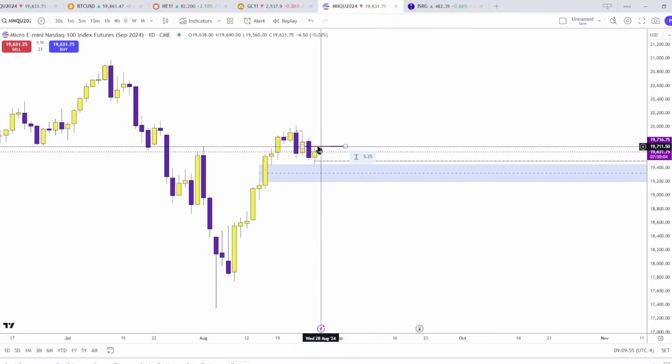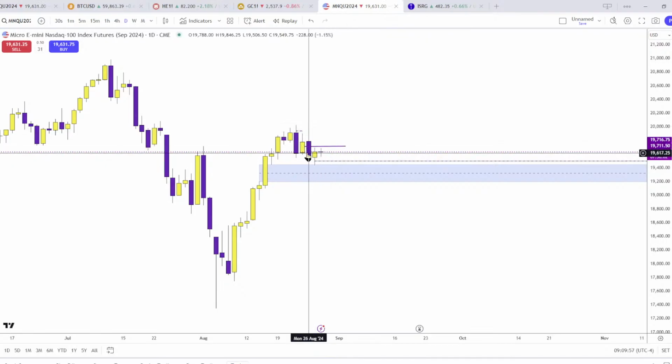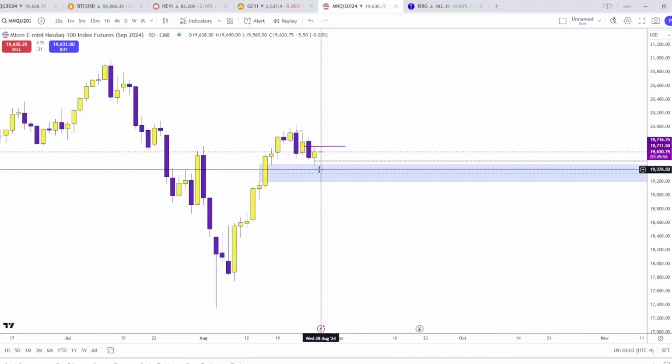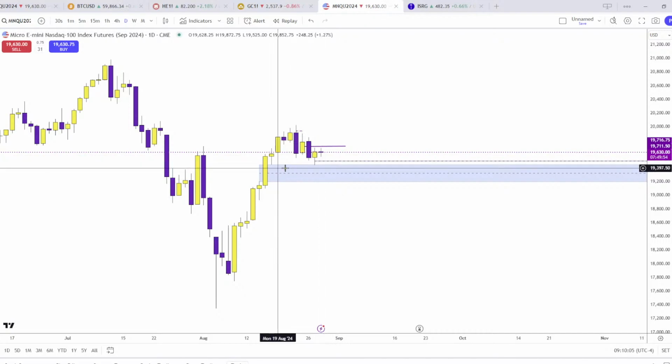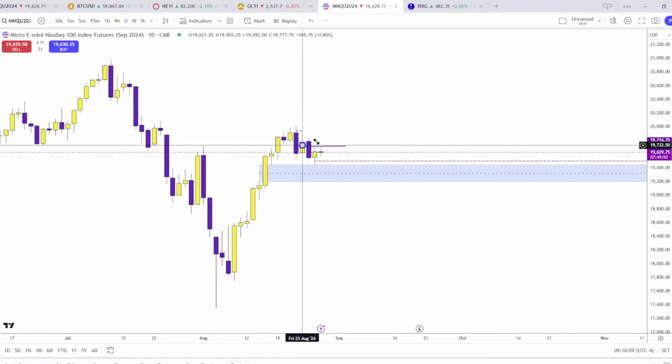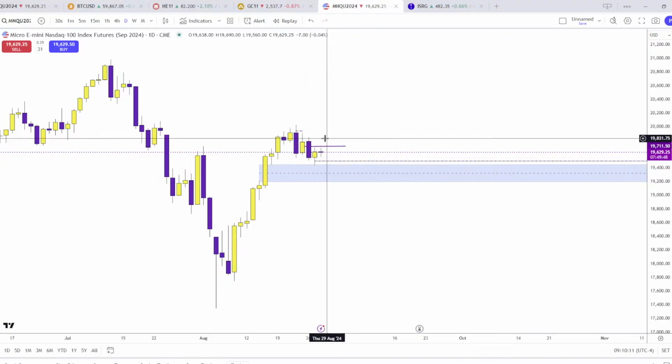So if we just popped up above yesterday's high, and then we continue to run down, we get into the mean threshold of this order block, and then continue on the downside, taking out these equal lows. If we take out the mean threshold of this candle, we're going higher.